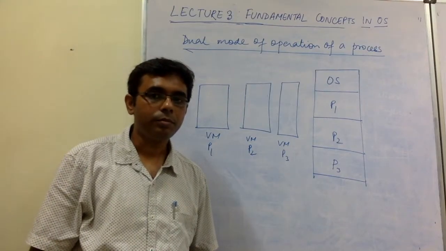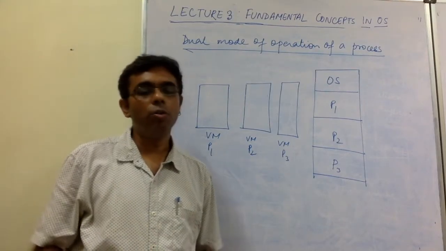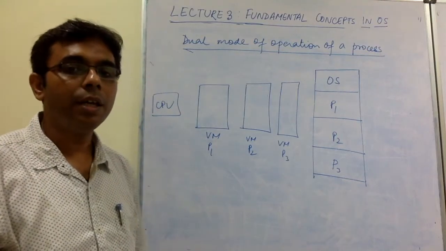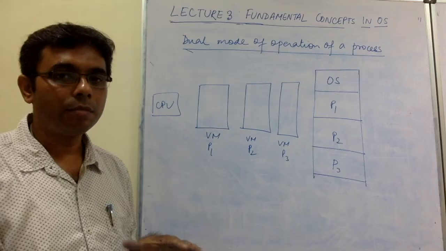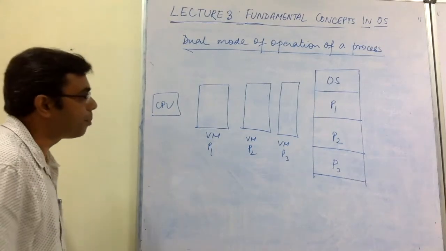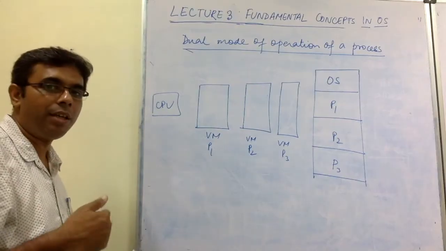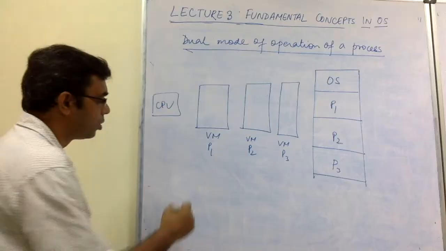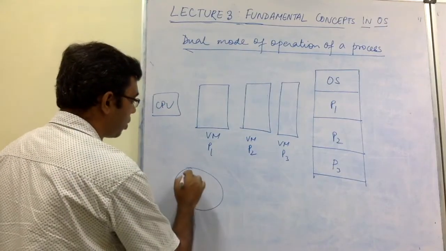Okay. So in order to ensure isolation, we already have seen that the processes have a dual mode of operation. That is, a process either operates in the privileged mode or it operates in the non-privileged mode. So there are two modes of operation of a process.